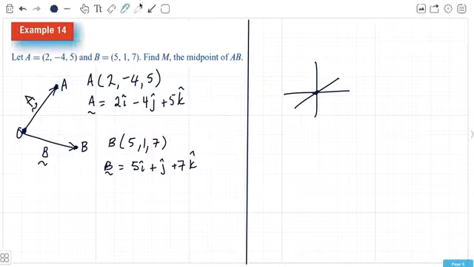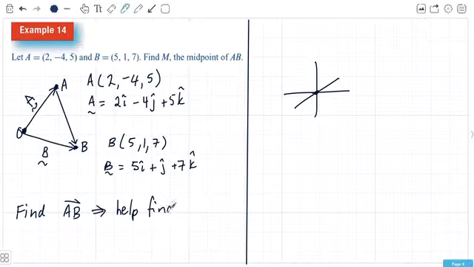So it makes sense to think about AB as a vector. We're going to find the vector A to B, which will help us find M, the midpoint.